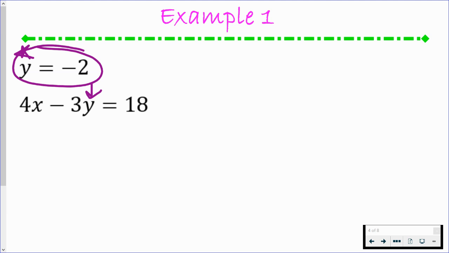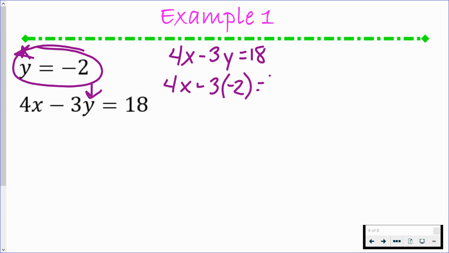So here we go. 4x minus 3y equals 18. Now I'm going to substitute in. And wherever I see that y, I'm going to write -2 equals 18. Now I'm going to simplify what I can and clean up everything.